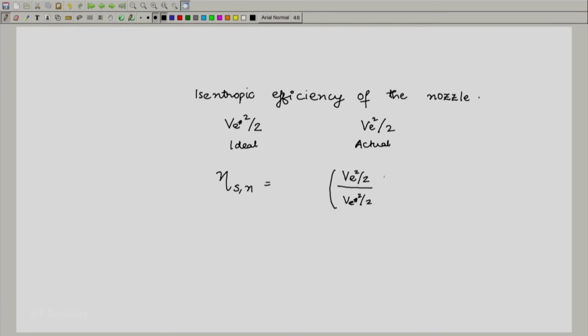This is the ideal kinetic energy output from the nozzle, and this number, as you can see, because V e star squared by 2 is greater than or equal to the actual V e squared by 2, will be less than or equal to 1 as expected, and this is what we call the isentropic efficiency of the nozzle.